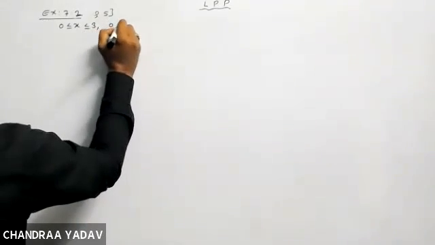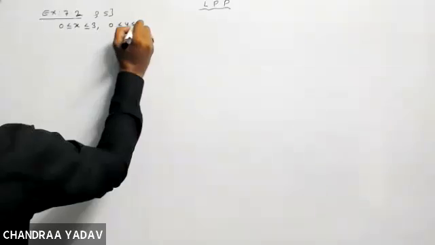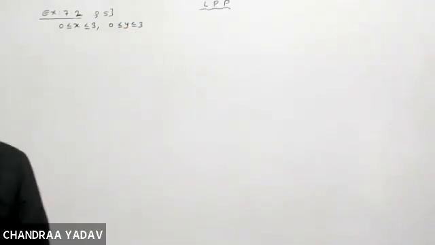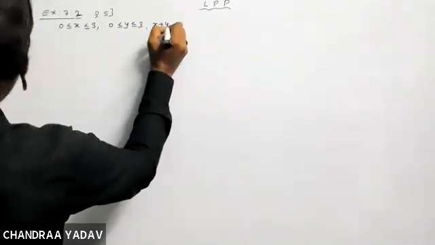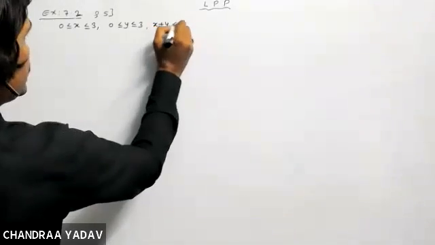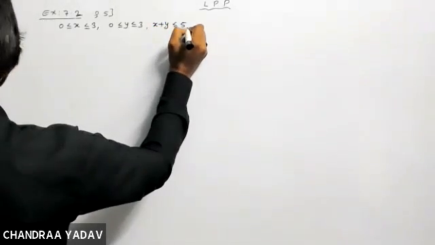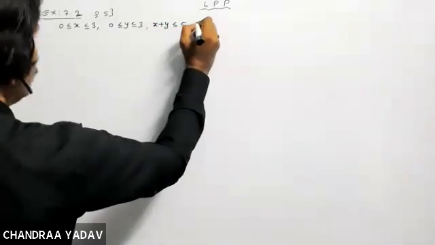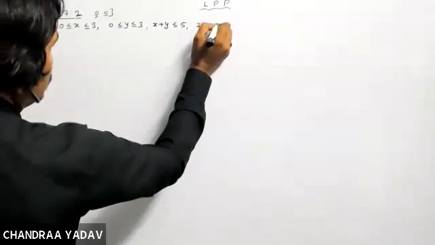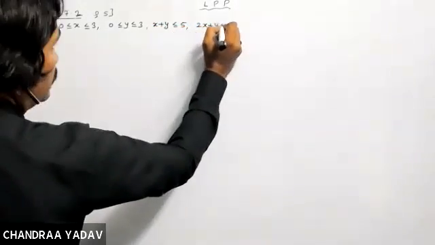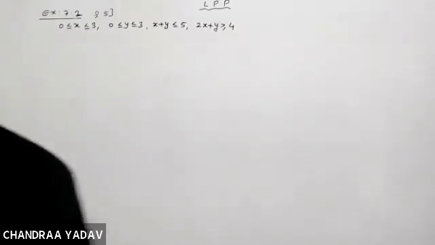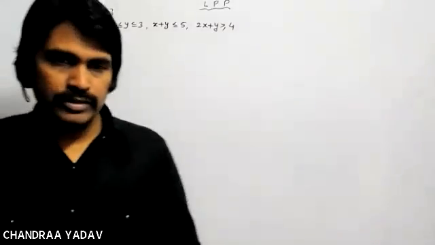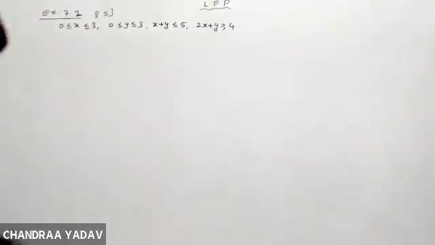Another one is y is greater than or equal to 0, less than or equal to 3. x plus y is less than or equal to 5. 2x plus y is greater than or equal to 4. So here don't get confused. Two pieces of information are given together. See this one.